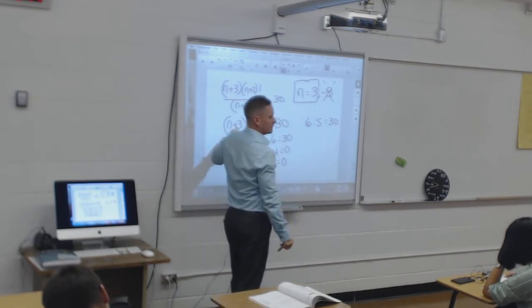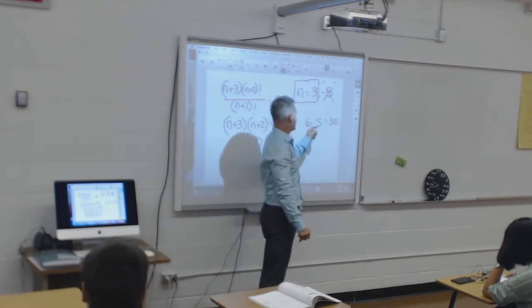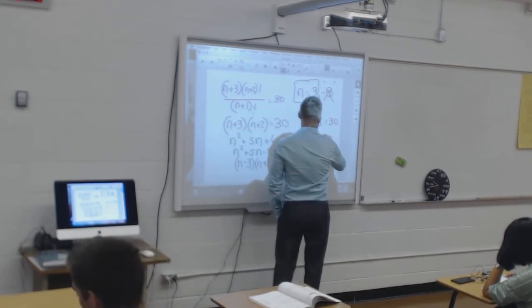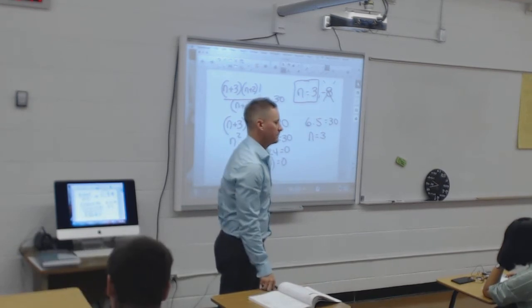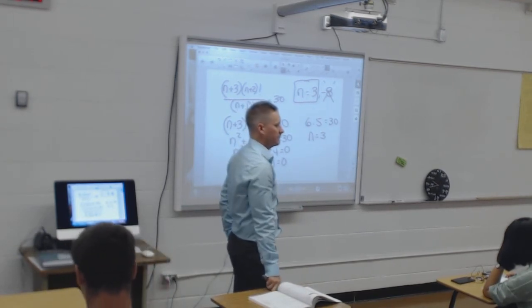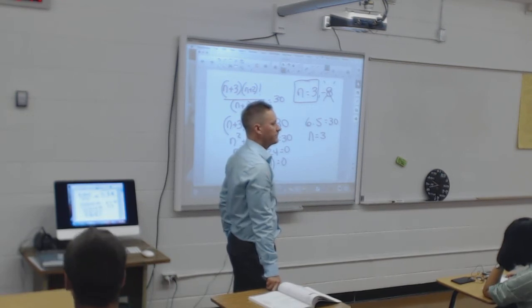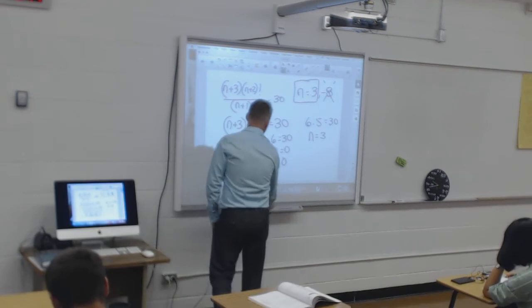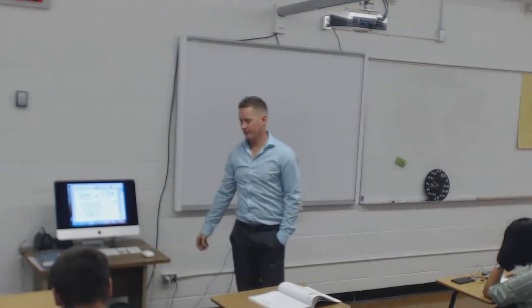So, what do I add to 3 to get 6? 3. What do I add to 2 to get 5? 3. That means I add 3. So then I would write it like this. n equals 3. Okay? But I can explain this, we'll come back to that. Okay, work on that, 4.1.